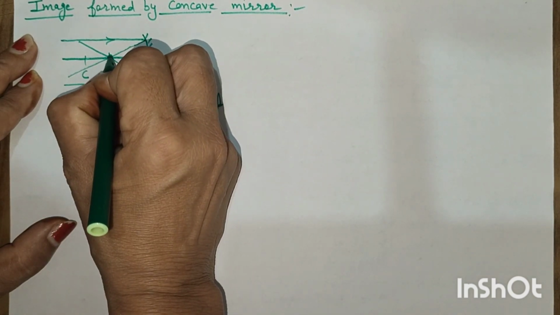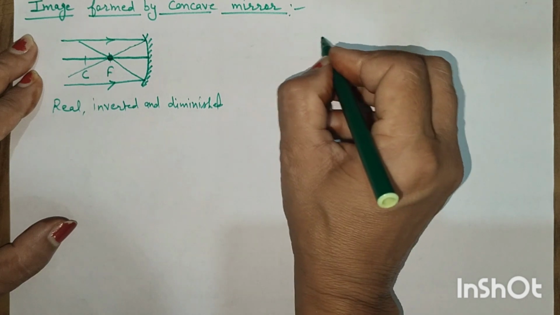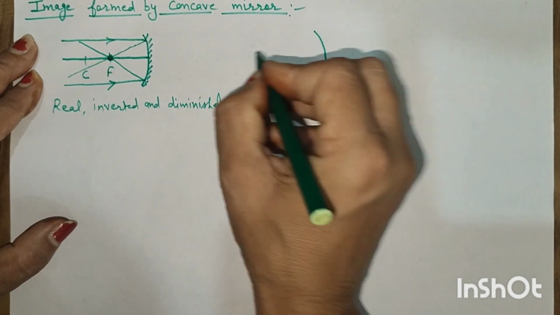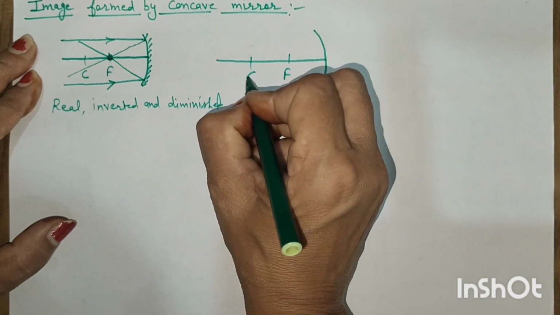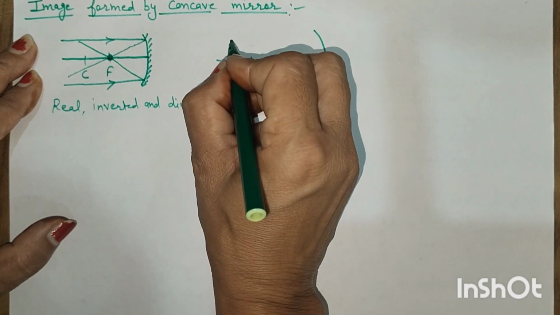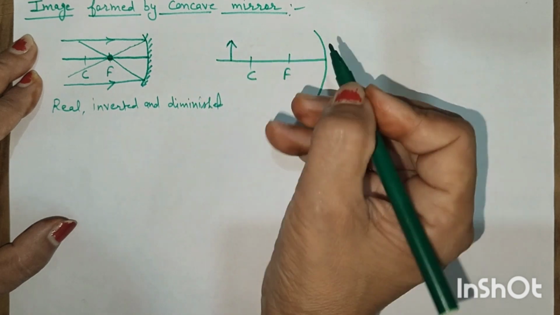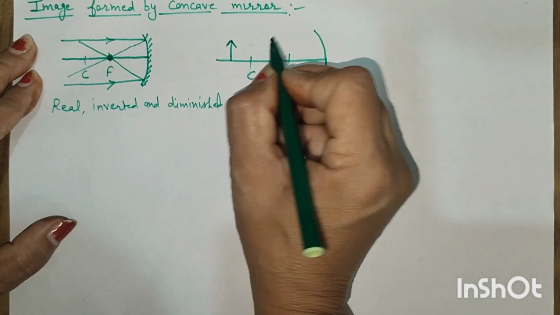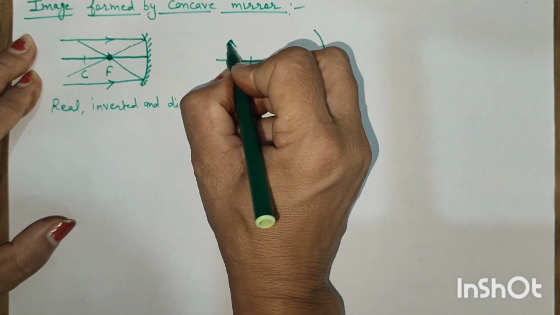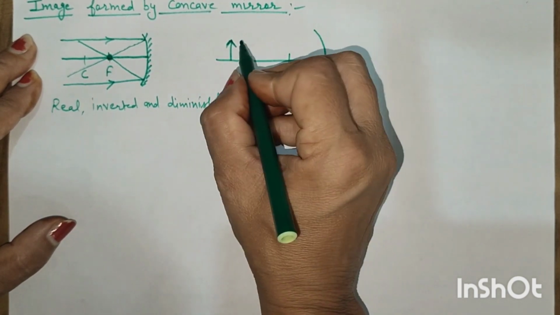This is the image. Now, when the object is placed beyond the C, starting from here, this is the object. You can take the object as a tree, candle, arrow, or any other object.